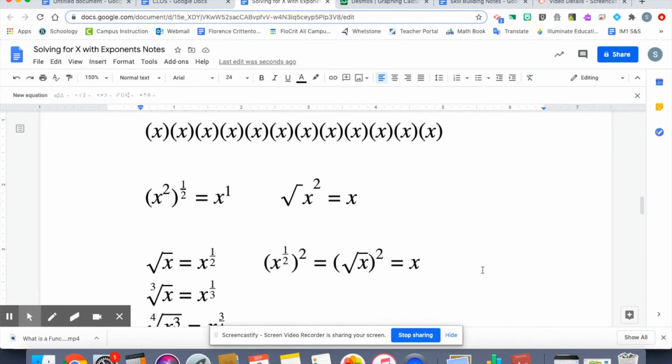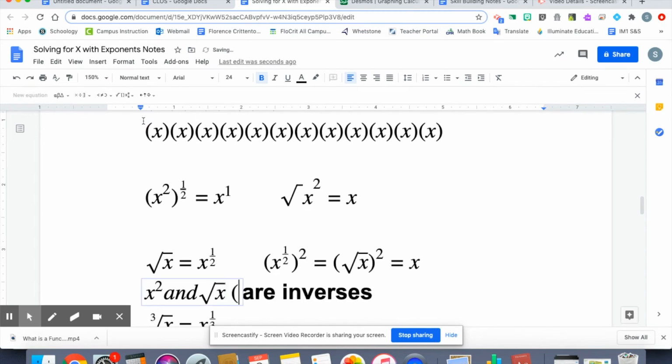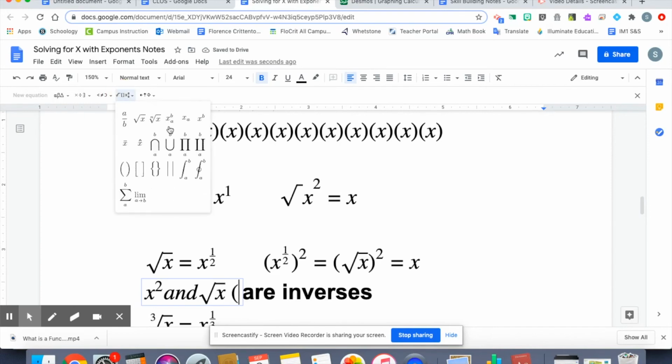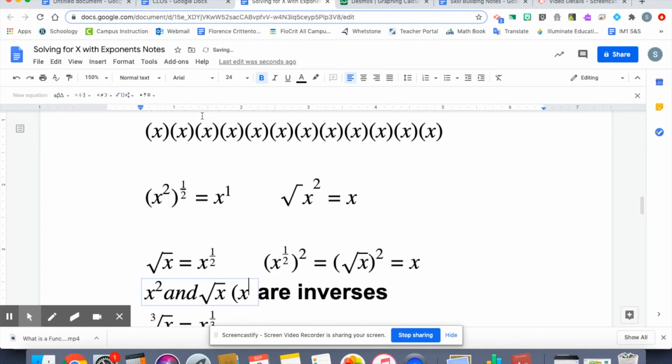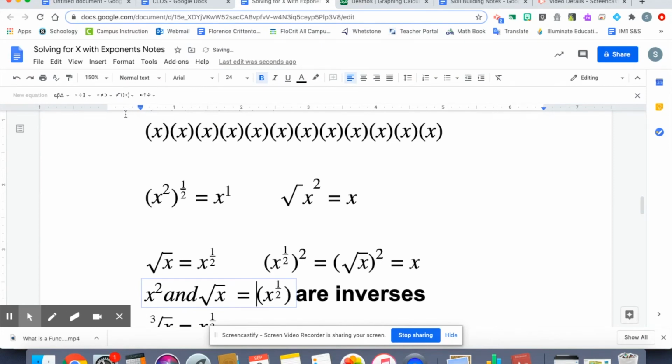So the point here is that x squared and the square root of x are inverses. Don't forget the square root of x is secretly the same thing as x to the power of 1/2. Those two are equal to each other.